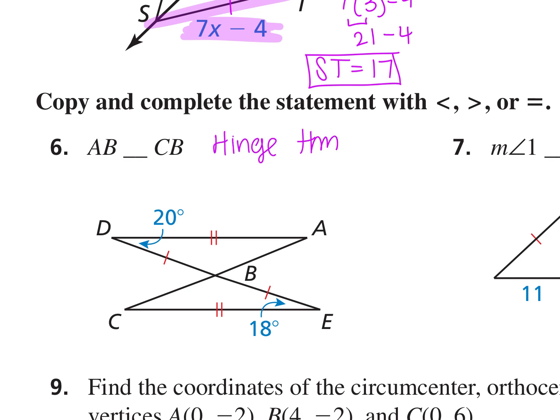You didn't have to write it, but it's good to know. And then I'm going to look at my opposite side. So if D is greater than E, which segment is going to be greater? Is it AB or BC? Which one's greater? AB is going to be greater than BC.